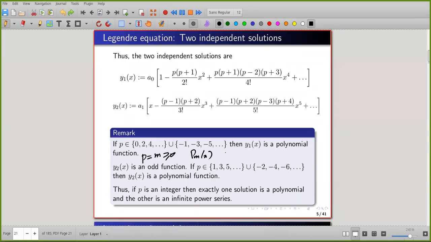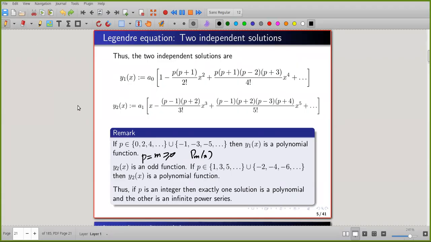I don't want to write p sub p because then there will be too many p's. So when we put m equal to 0, that means we are putting p equal to 0 here. That means all these terms are going to be 0, and this is the constant polynomial as we saw before. So therefore it's correct: P_0(x) is a polynomial of degree 0.